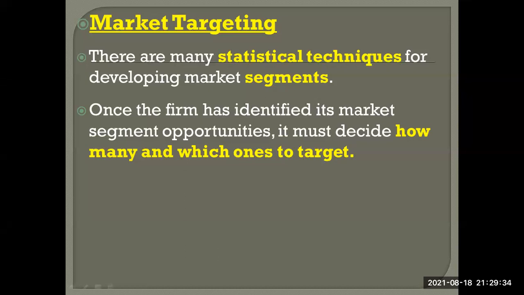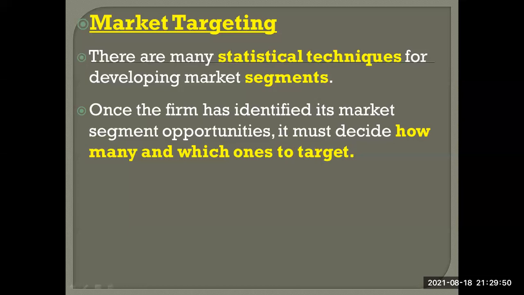Like with its Pulsar, Bajaj is targeting the sports bike segment. With its fuel efficient vehicle, Splendor, Hero is targeting customers.